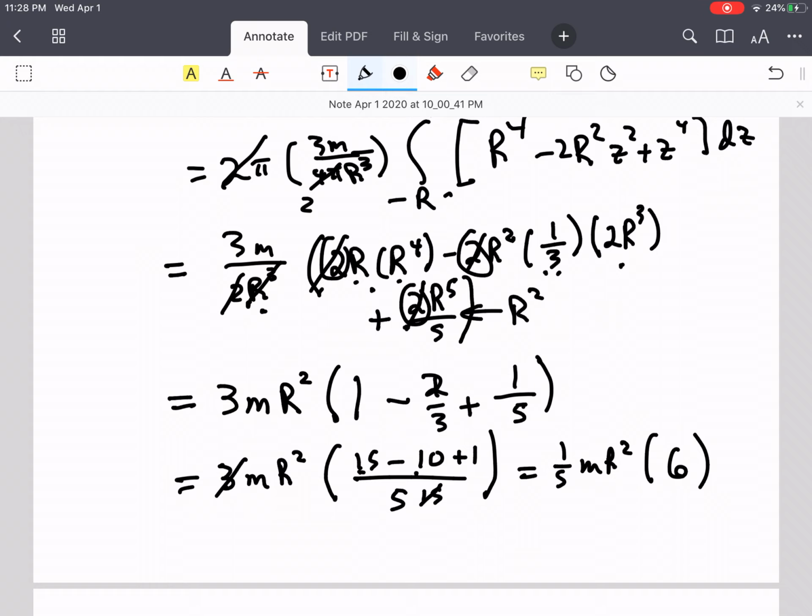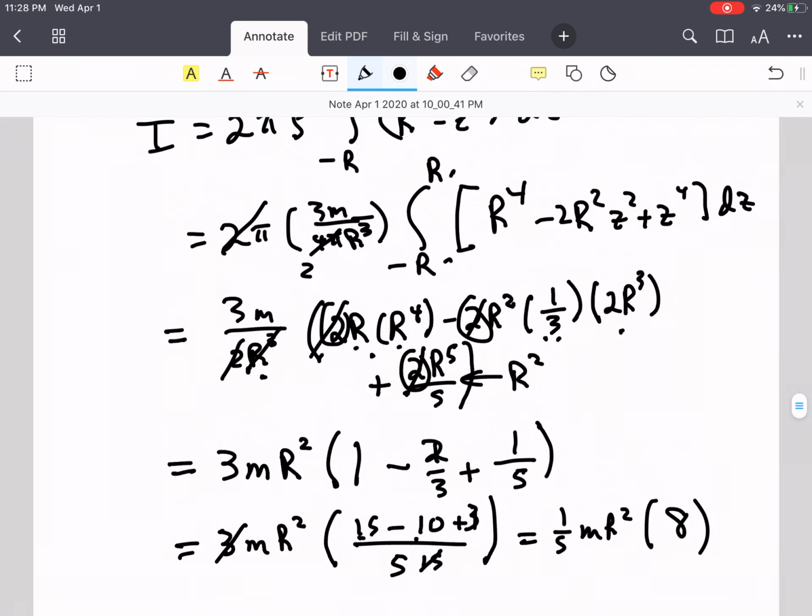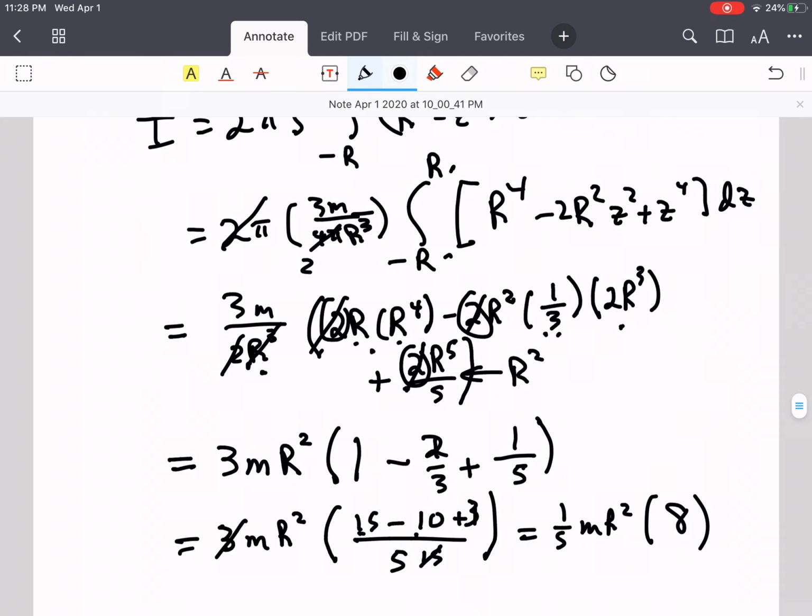Where did I go wrong? Plus 3/15. 15 minus 10 plus 3 on the other end, 8. Dropped a factor of 4 somewhere. This is why I'm much more careful in the notes than I am in lecture. Let's see. I had a 2 there.